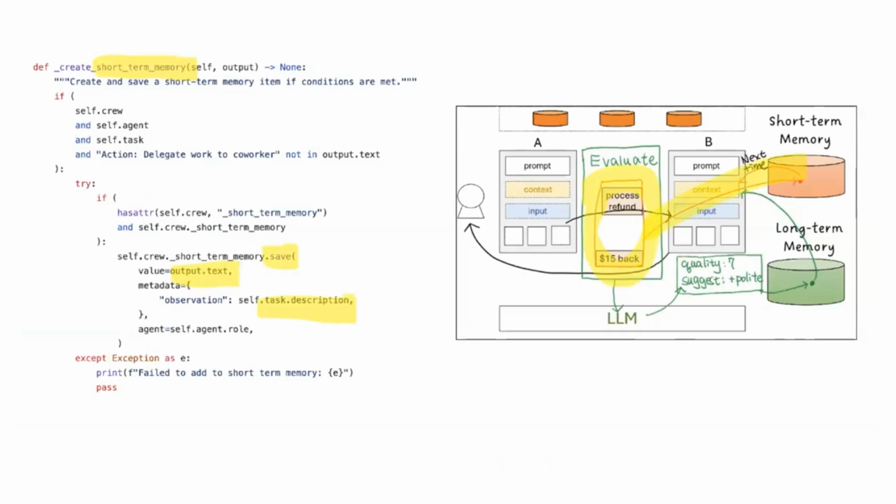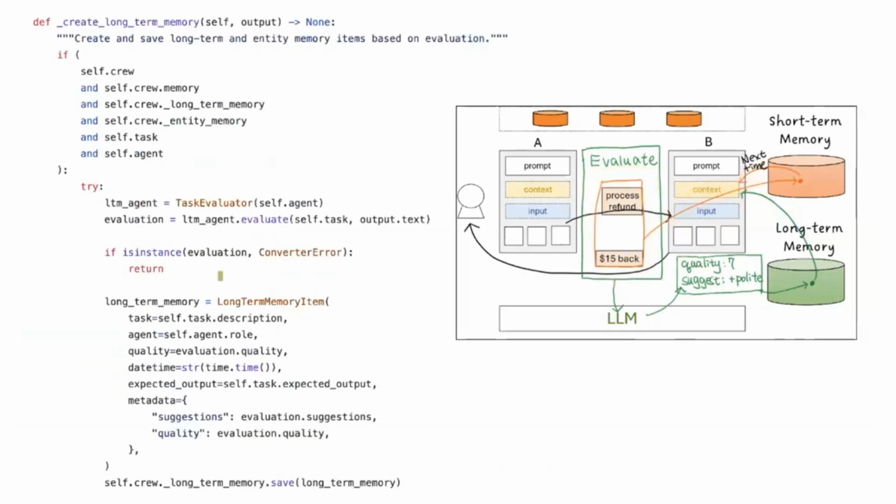Okay, so we have this long-term memory item. You can see that you use the LLM agent here to run an evaluation, with text and output.